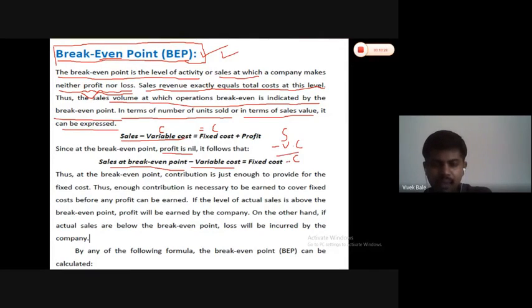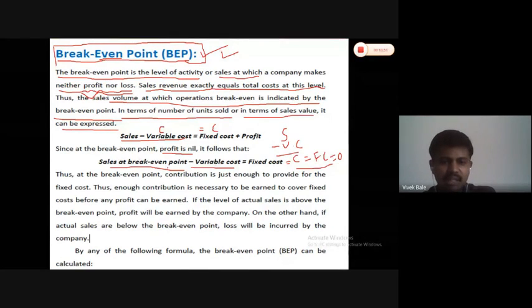Contribution. And if your contribution is equal to the fixed cost, it means that if from the contribution you subtract the fixed cost, the result is zero, that is nil. It means this is the point at which the sales is equal to total cost. It means that at the break-even point, sales minus variable cost is equal to the fixed cost.